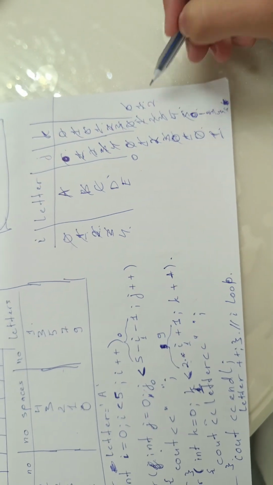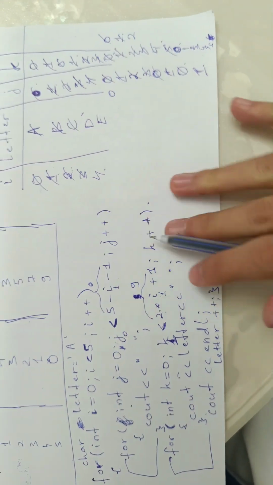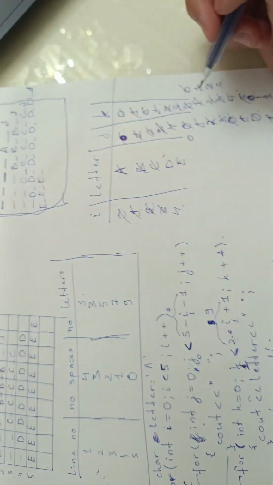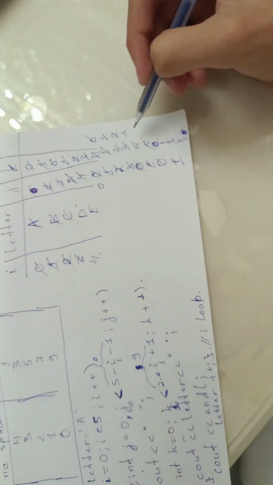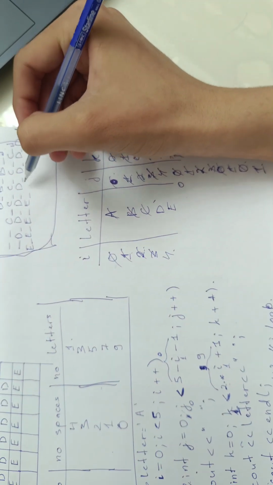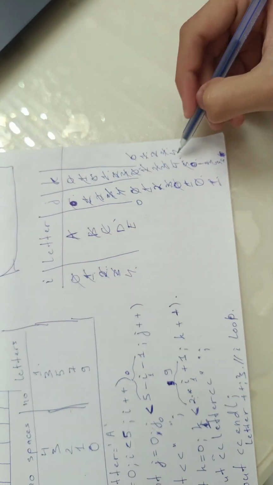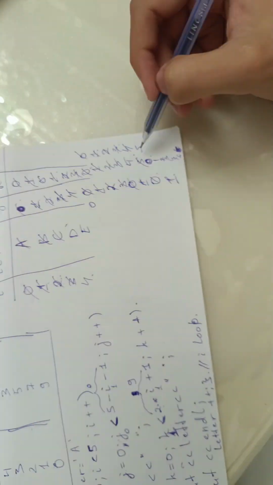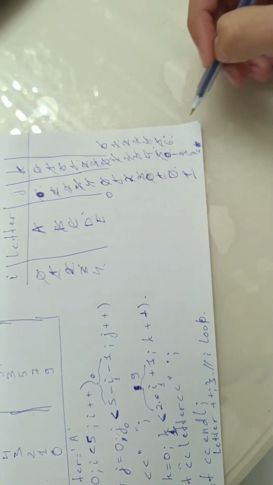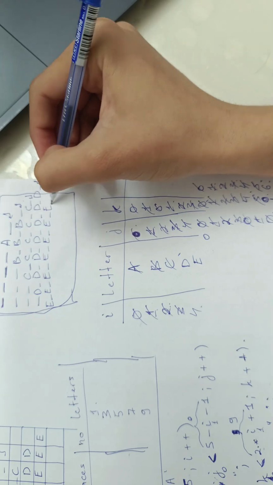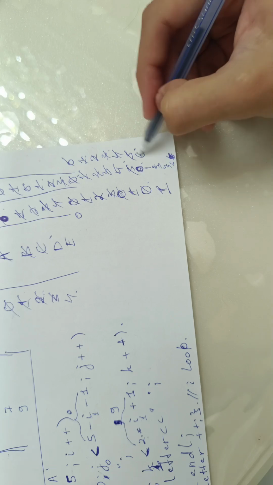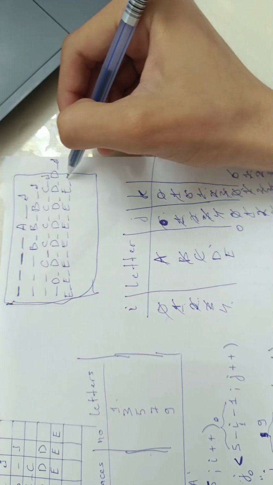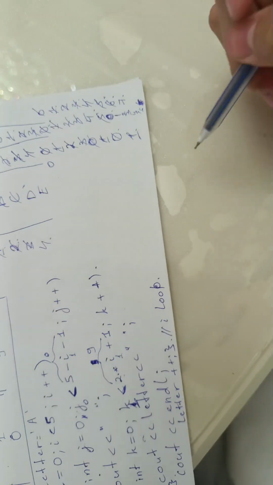After that it checks 2. 2 is less than 9, so it prints out one more E. It checks 3, 3 is less than 9, it prints out one more E. It checks 4, 4 is less than 9, it prints out one more E. K becomes 5, 5 is less than 9, one more E. Then K changes to 6, 6 is less than 9, one more E. As K++, it becomes 7, 7 is less than 9, one more E. Then it checks 8.